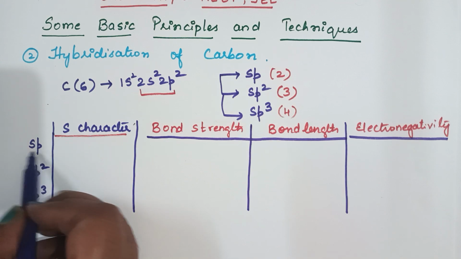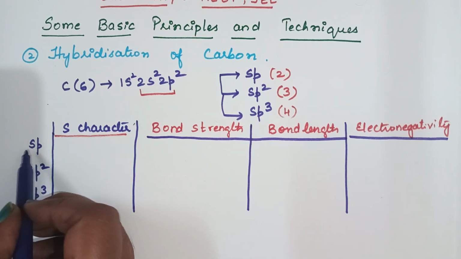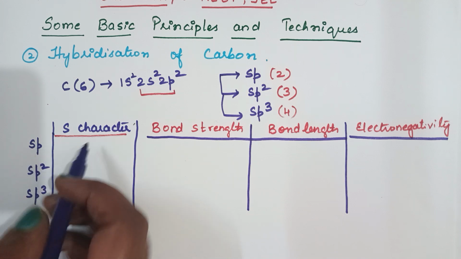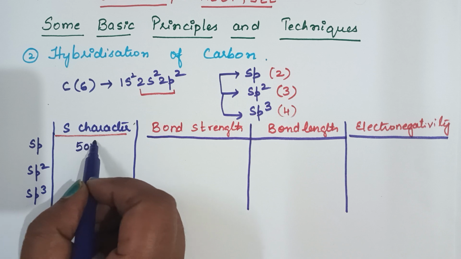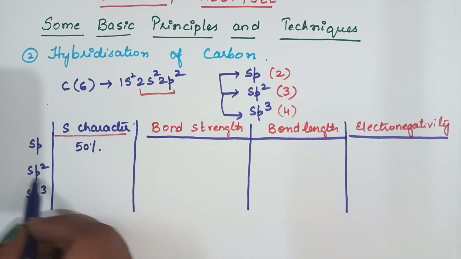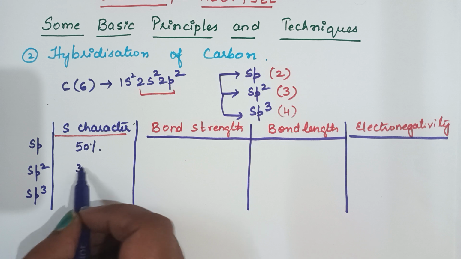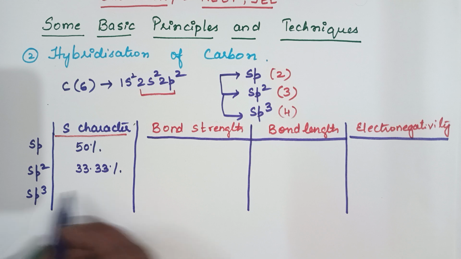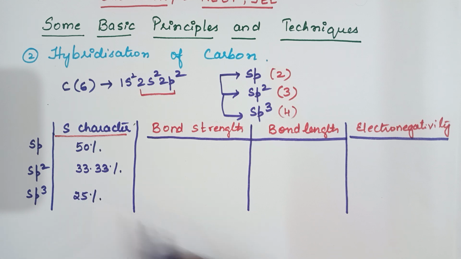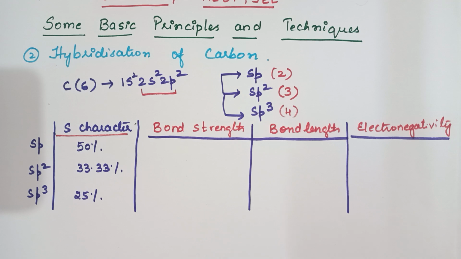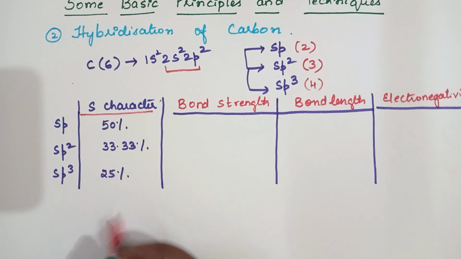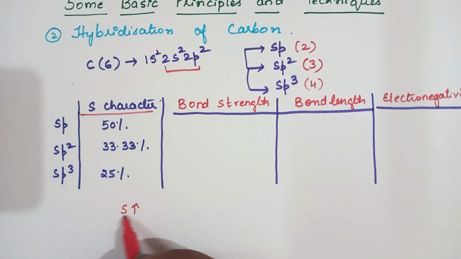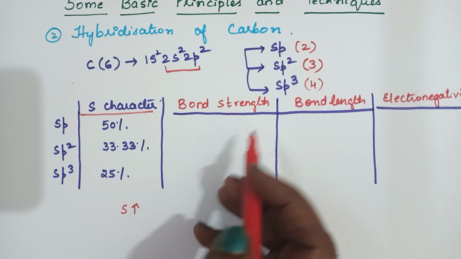Now in sp hybridization, how much is the S character? Here you can see S and P are in the ratio 1:1, so S character will be 50%. Here the ratio is 1:2, therefore S character will be 33.33%. And in sp3, S character will be 25%. Students, the more the S character, the more the bond strength will be.